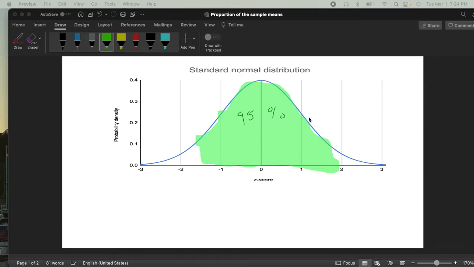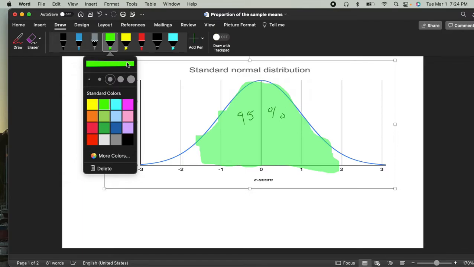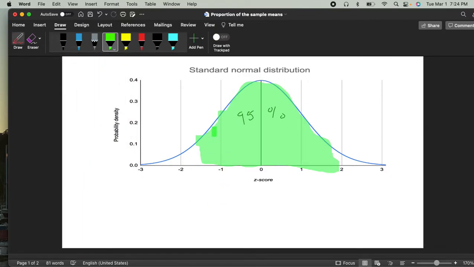We could also use the rule that says that 95% of the values are between 1.96 standard deviations. More or less, I think we were close here, right over here close to the negative 2, because we know this curve is symmetrical. So this is also going to be right over here.